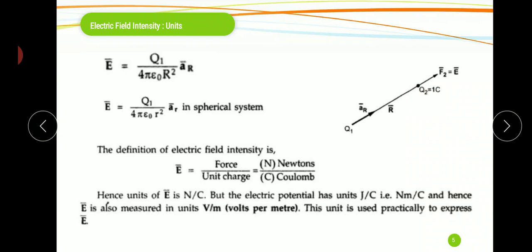That means when you imagine a sphere having radius small r, on the sphere we have to assume a charge, that is, a unit positive charge Q2. Then the electric field intensity at that point is E bar equals Q1 by 4 pi epsilon naught r square.